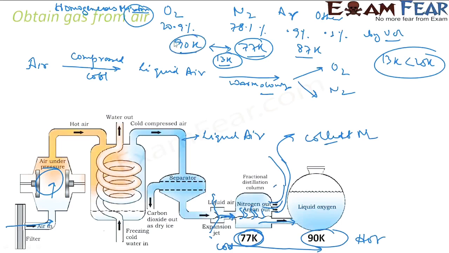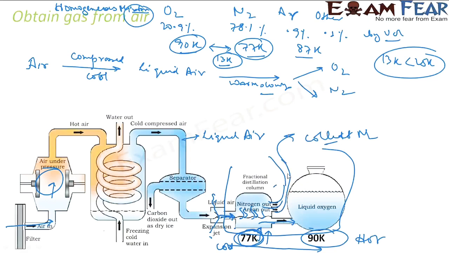temperature. So we will collect most of the nitrogen, almost 78% nitrogen will be collected here, and the remaining will come here, and that will be liquid oxygen. So if you see here, this is the main point, and please note the temperature is different here. Here we maintain the temperature of 77 K, not more than that, because if we make it 90 K here, oxygen will also evaporate and will be collected in this tank.